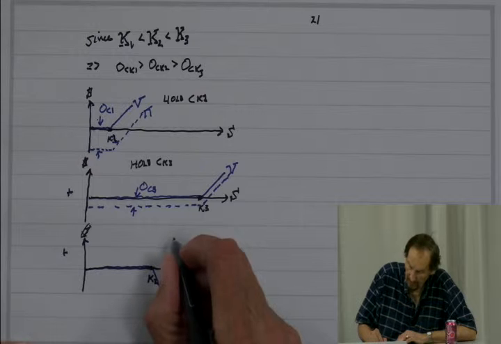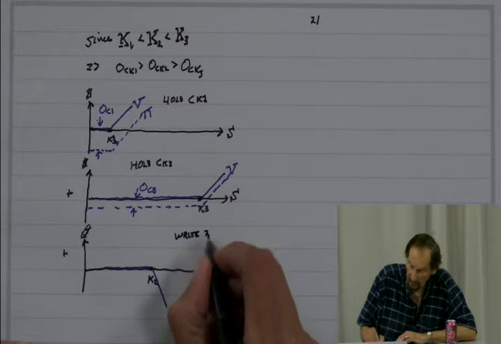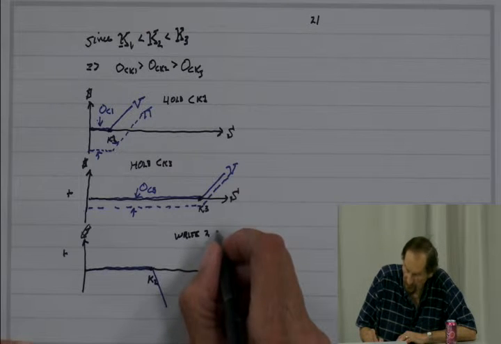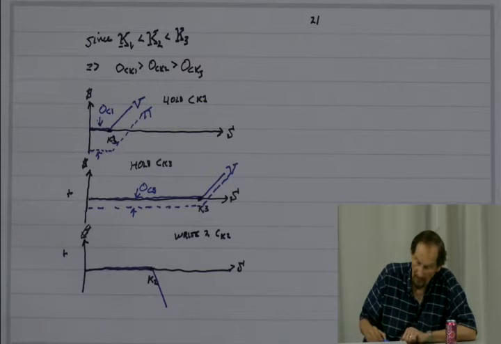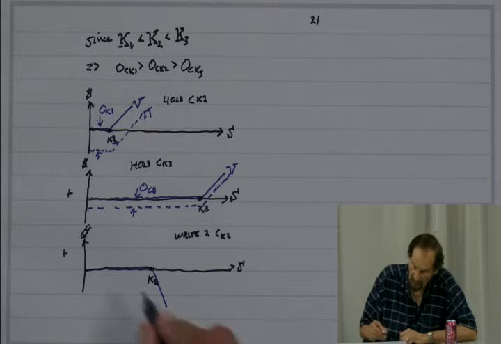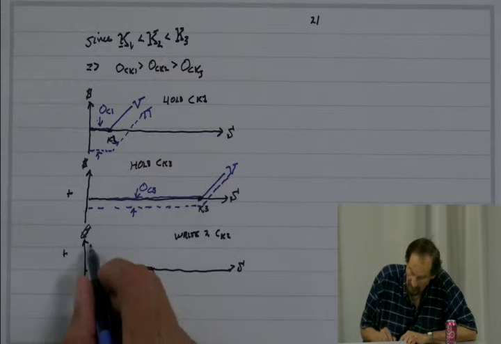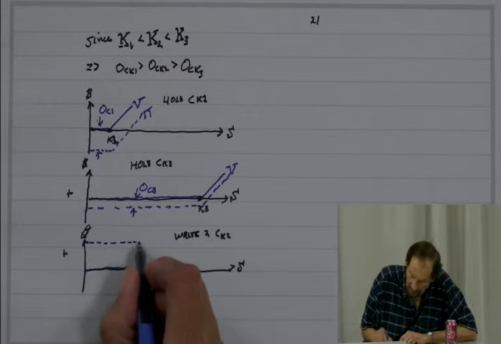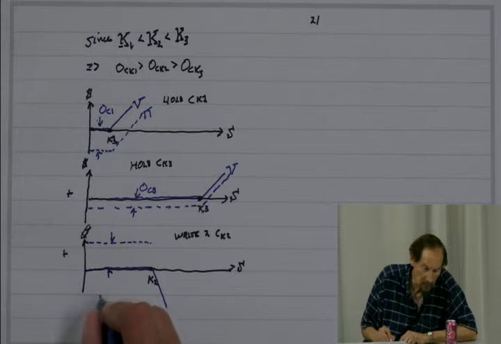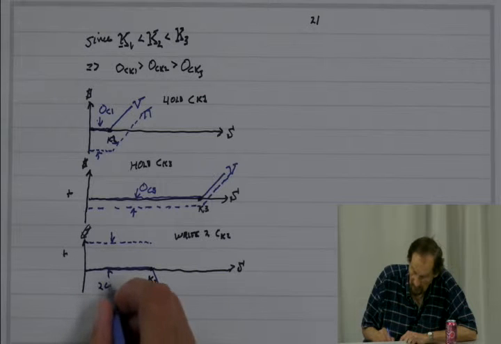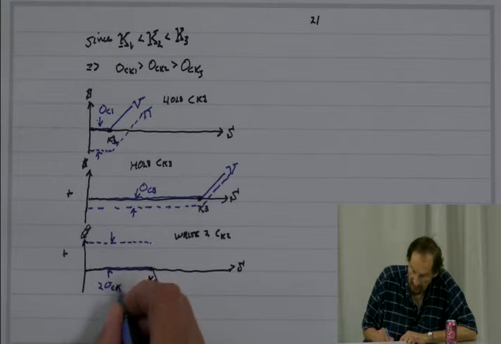And so this is right, 2 calls at K2. Now, when we write 2 calls at K2, if the stock price is less than K2, what happens? We're going to make a profit here. So we're going to do something like this. This is going to be 2 OC K2.